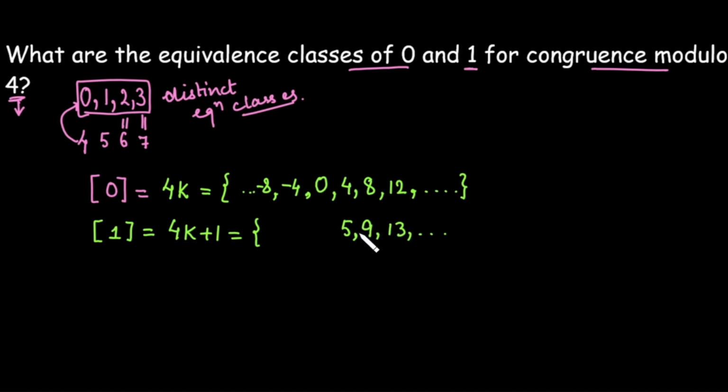Basically their difference is 4 and they are of the form 4k plus 1. So we can write 1, then minus 3 and continue. Collect them in one set, that will give you the equivalence class of 1. Similarly, you can write the equivalence class of 2 and 3 with respect to congruence modulo 4.